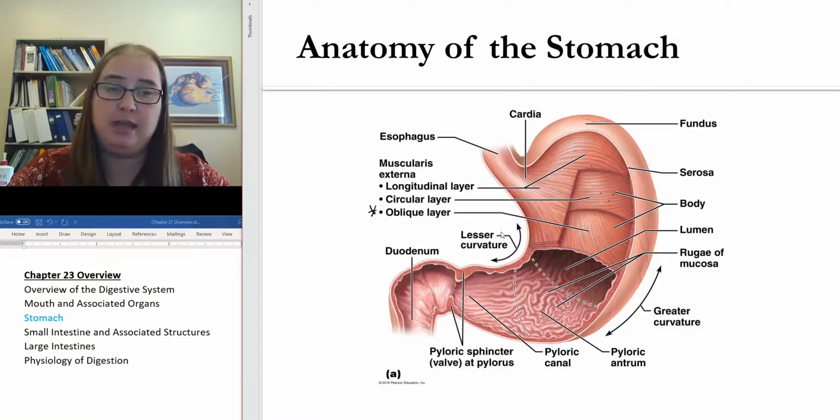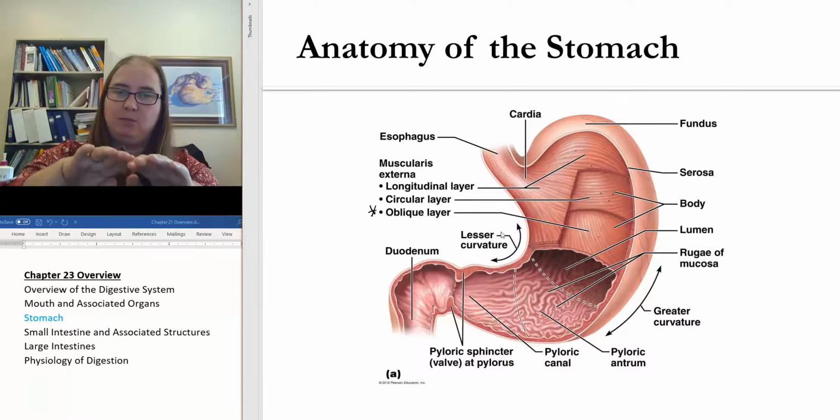In addition to that, obviously we have a large opening, the lumen of our stomach, and the walls of the stomach are actually comprised of structures known as rugae. And the rugae are essentially, remember, your stomach has to be able to expand and shrink, right? So when the stomach is full, it has more of a flat appearance.